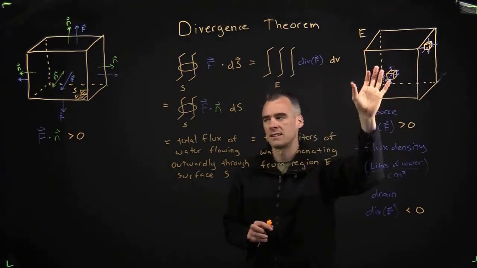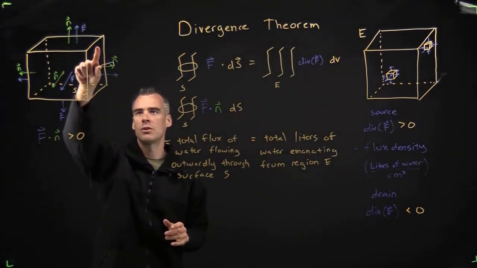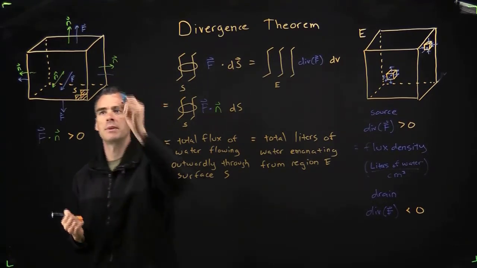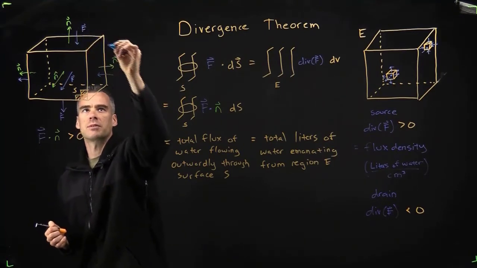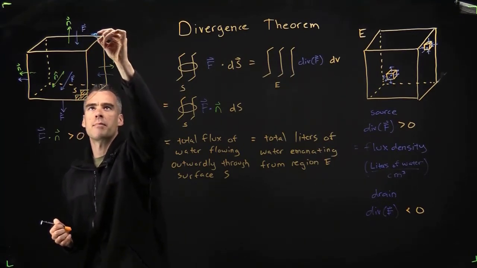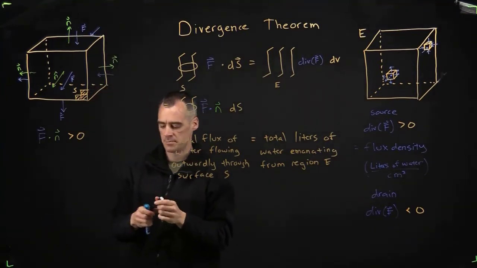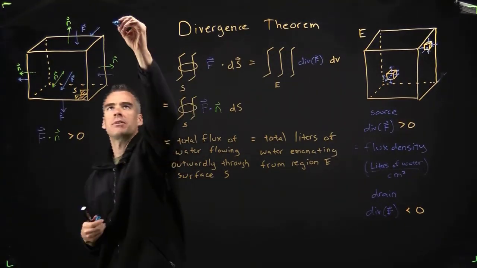So you can imagine that in that same situation over here, if I've got that drain in this corner, maybe my flow vector is going this way, maybe my flow vector from the back is coming this way. And so in that case, you can imagine what your F dot n might be for this side over here.